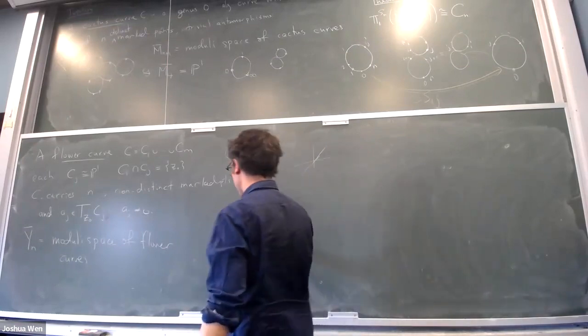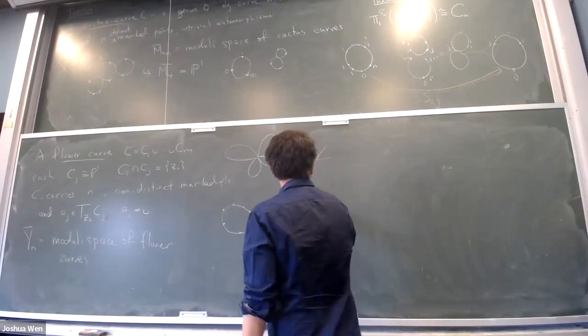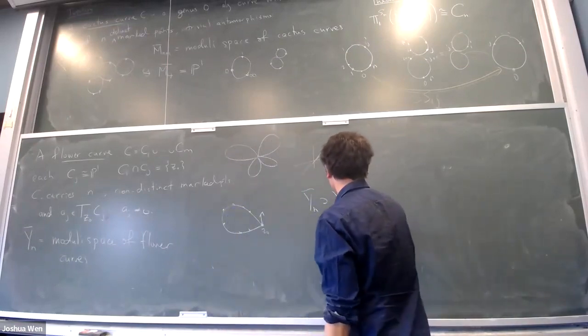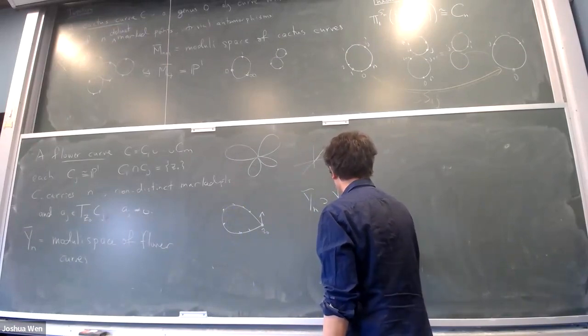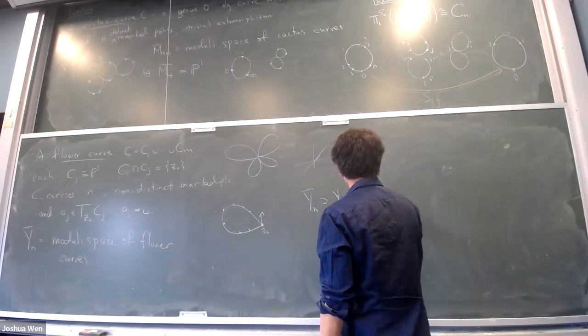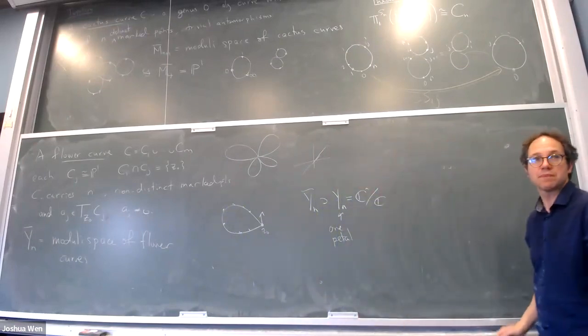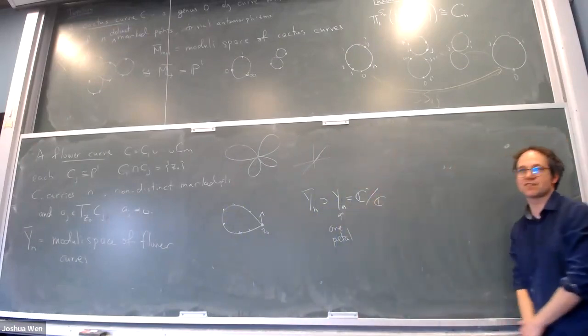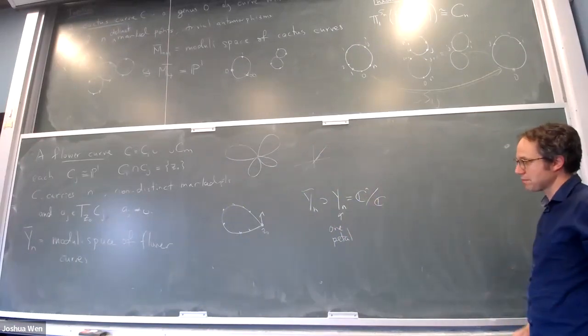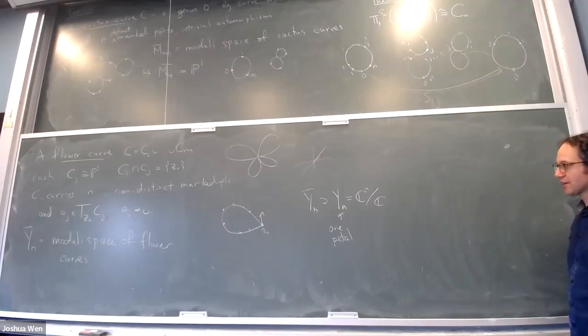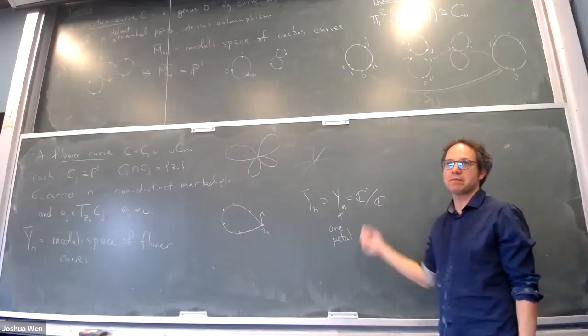So this part of the moduli space is the Y_n. This is one petal. So this is the generic situation, one petal, and this is just C^n mod C. So this space is a compactification of just this vector space C^n mod C. And there's actually a general procedure for compactifying a vector space with a hyperplane arrangement.